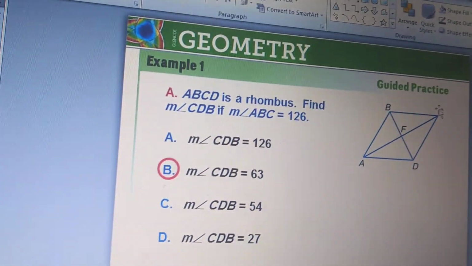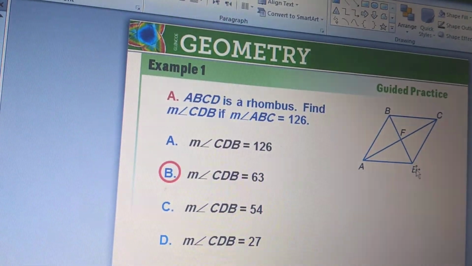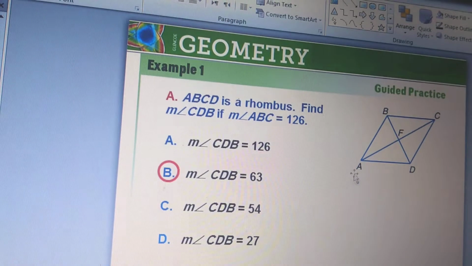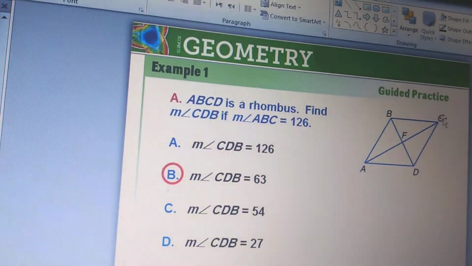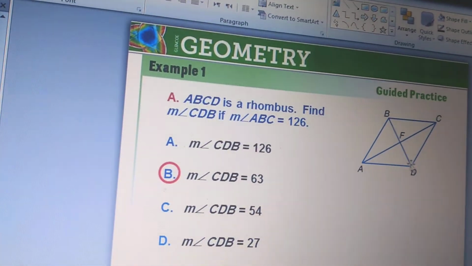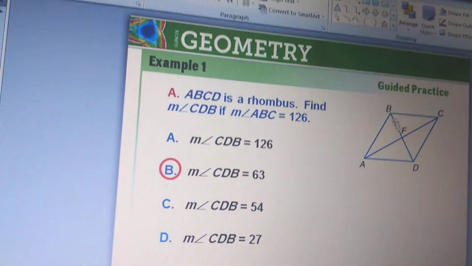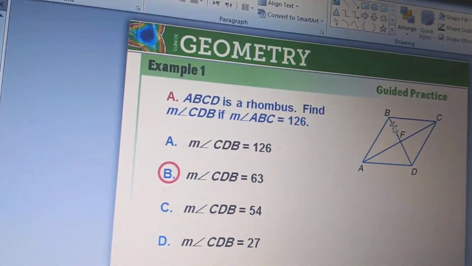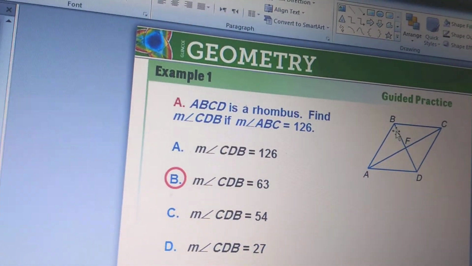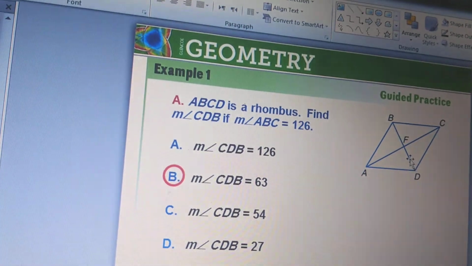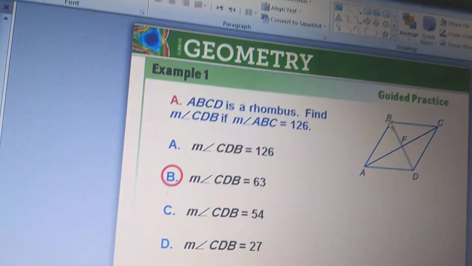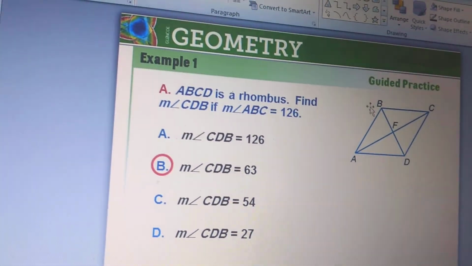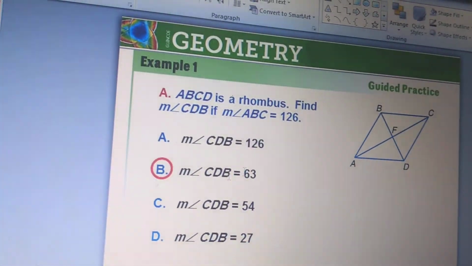Of course, angle CDB is half of angle ABC, because angle ABC and angle CDA are congruent. But BD is a diagonal and bisects angle B and angle D. This means this part and this part, this part and this part are equal. Angle B is 126, then angle D is 126. Half of it, because CDB is half, it will be 63.